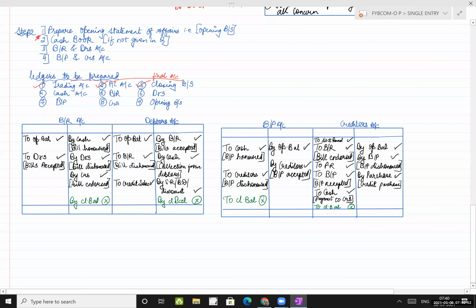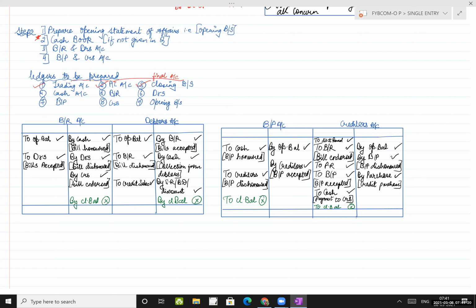Okay. So rest trading, P&L, balance sheet. The second effects will go to cash book if the cash book is not given in the question, or cash account is not given in the question. So बाकी का तो आपको पता है कि you have to give second effects. ट्रेडिंग में क्या आइटम्स जाएंगे, पीएनएल में क्या आइटम्स जाएंगे, बैलेंस शीट में क्या आइटम्स जाएंगे, तो फाइनल अकाउंट्स तो आपको आता है. इन शॉर्ट, इधर हमको फाइनल अकाउंट्स करना है.